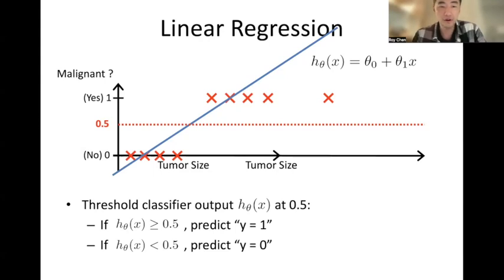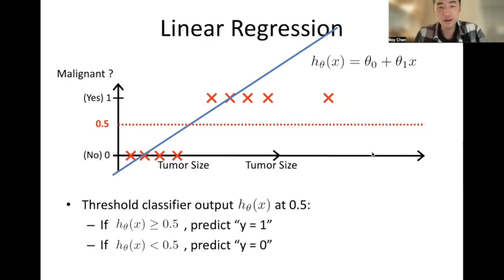As you can see from the chart here, the red crosses at the one, yes, are the ones that are malignant. And the red crosses at the x-axis, which is a no, are not malignant. Based on the tumor size, obviously, a small tumor usually indicates that it is not a malignant tumor, whereas larger tumor sizes indicate that it is malignant.